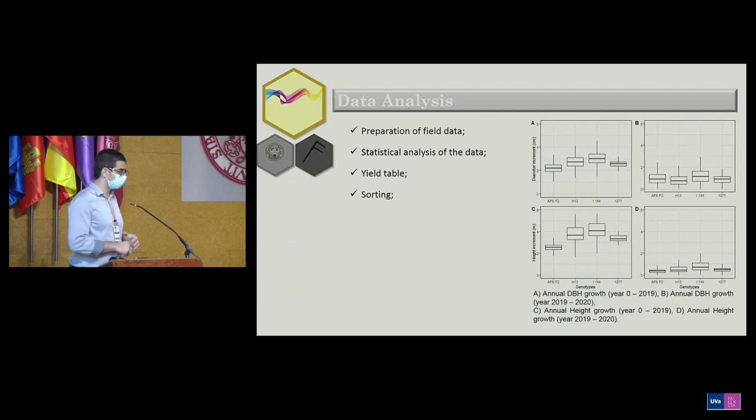We took this data to analyze some basic information like yield tables and sorting, and one of the important results that I want to show is the mean annual increment from 2019 to 2020 after the drought. It was a significant reduction in the increment.